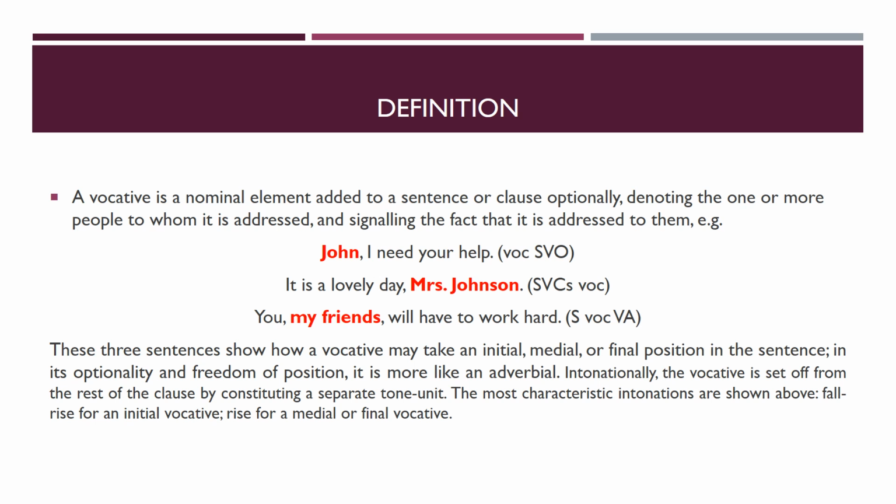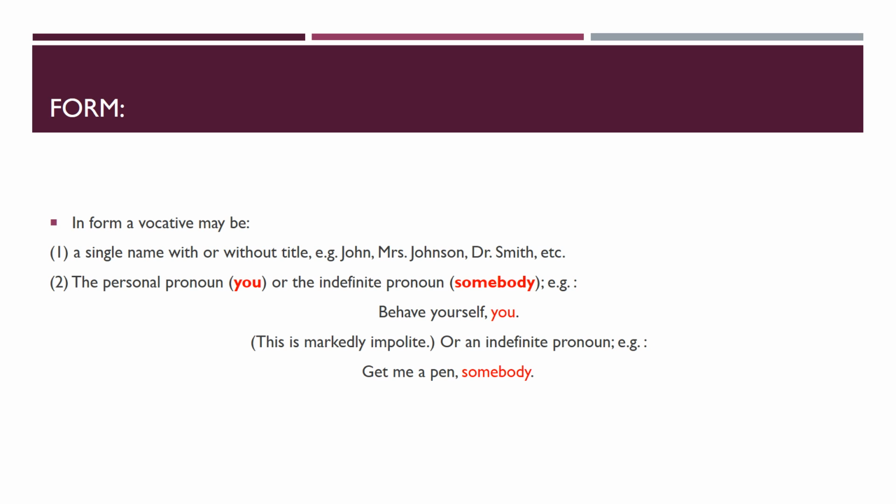But in speaking, we distinguish the vocative from the other elements of the sentence by saying it with a different tone. If the vocative appears initially in the sentence, it is said with a full rise tone. But if it appears medially or finally in the sentence, it is said with what? With a rising tone.